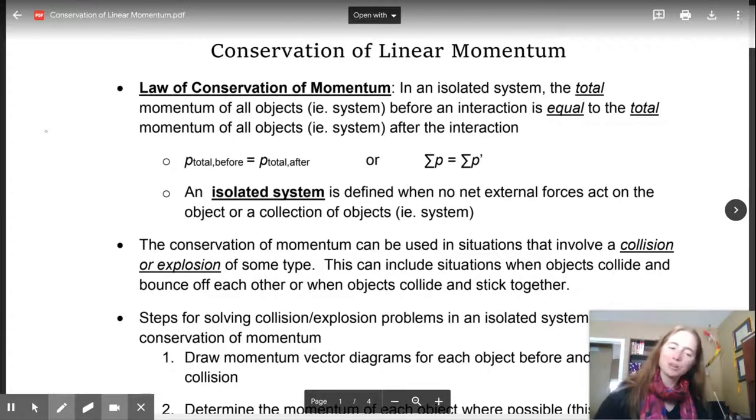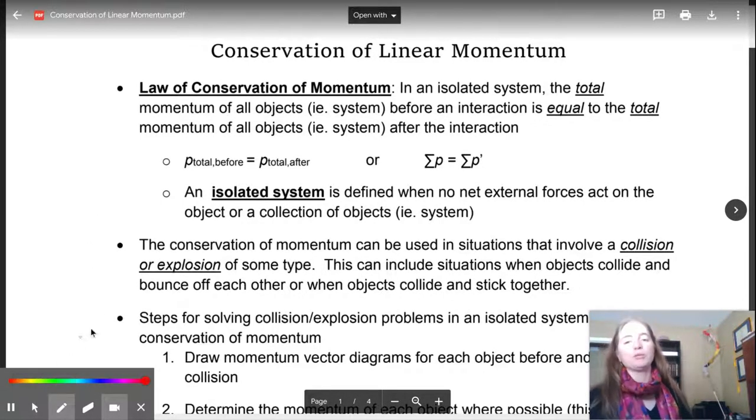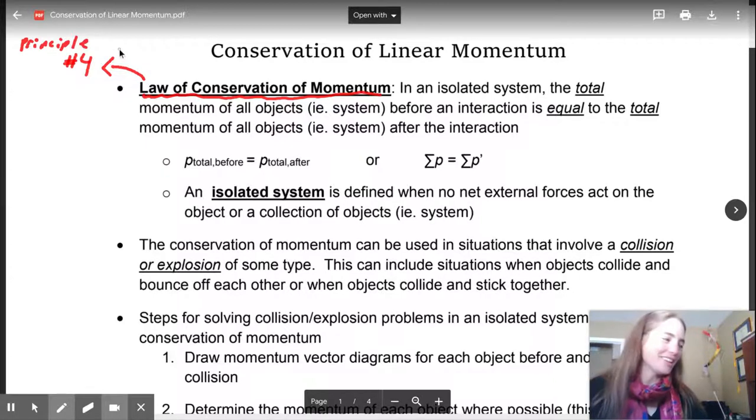All right, which brings us to the very first one that we are going to be talking about. So, ladies and gentlemen, you will see law of conservation of momentum. You can find this as principle number 4 on that list.